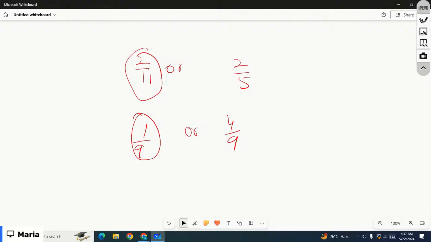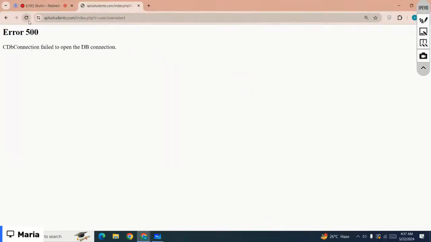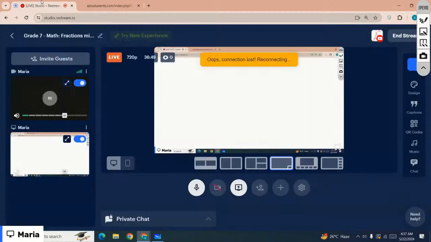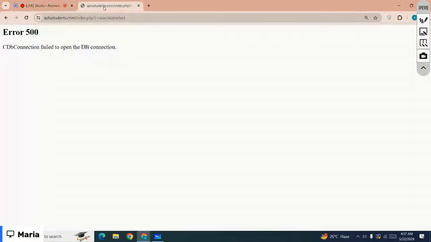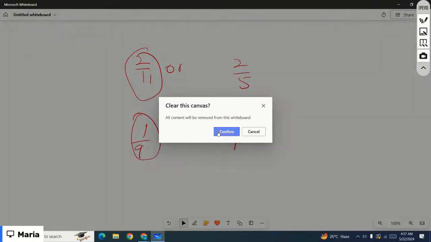Okay, so that's all for today. We were working on grade 7 math. The chapter we were working on is fractions and mixed numbers. We started with equivalent fractions.